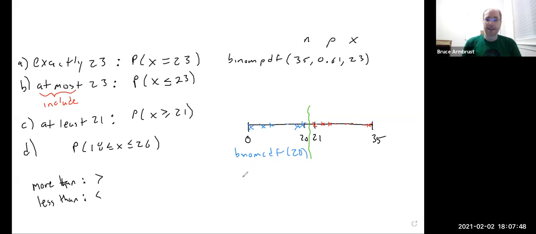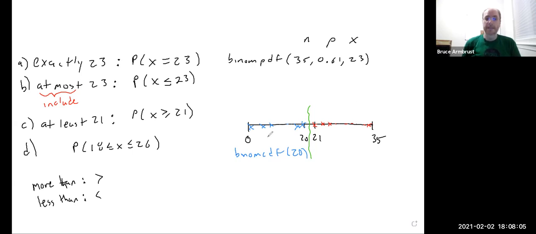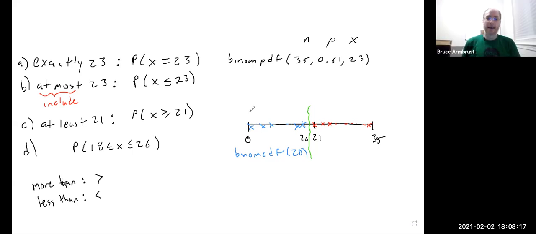So what's the trick to getting the rest of them? Wouldn't we need to subtract the binom CDF 20 from the rest of that? Well, we're going to subtract it from the total. And what's our total probability? It's the probability of any one of these events occurring: that I get 0 responses, or 1 response, or all the way up to 35.